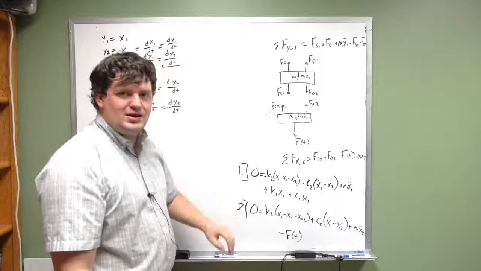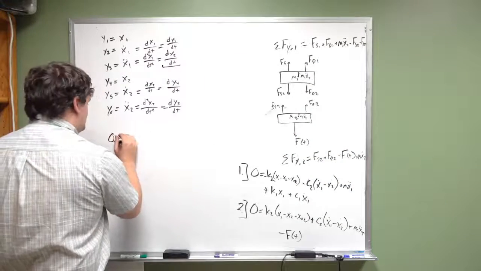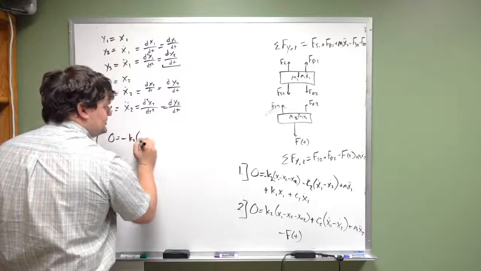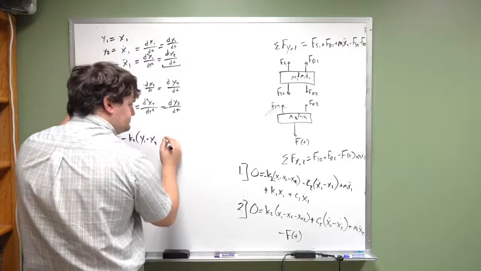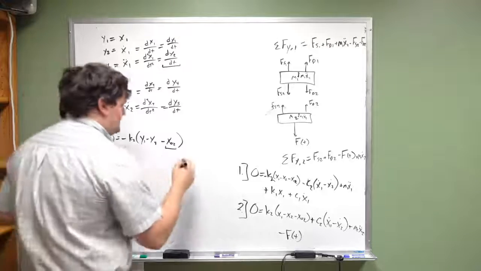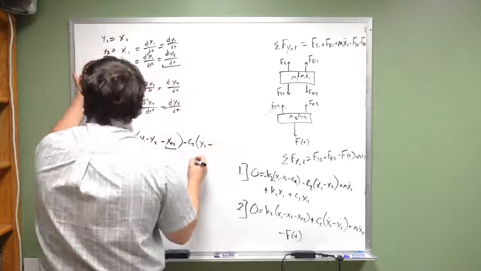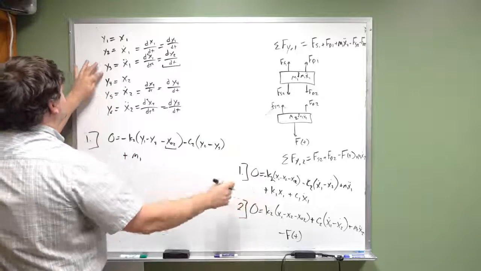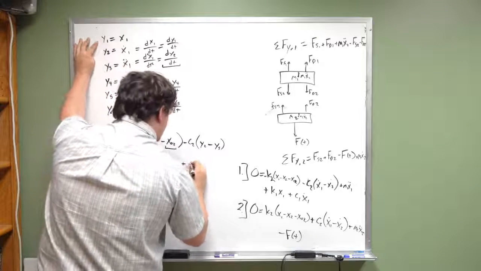Now I'm going to take all 6 of these variables and replace them in these equations. And when I do that, you end up with 0 is equal to negative, so this is constitutive equation 1, negative k2 times y1 minus y4 minus x02. x02 is a constant because that's the original spring length, minus c2 times y2 minus y5, plus m1 times y3, since x1 double dot is y3, plus k1 y1, plus c1 y2.